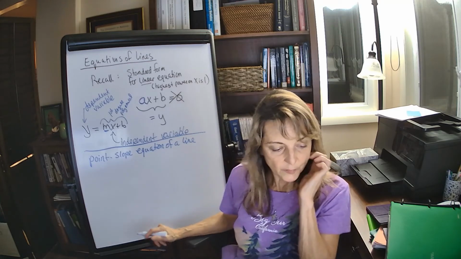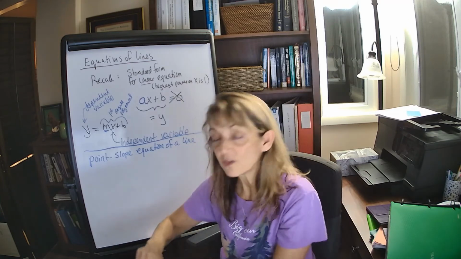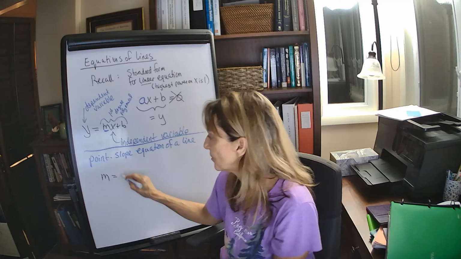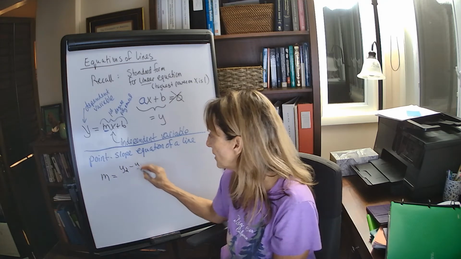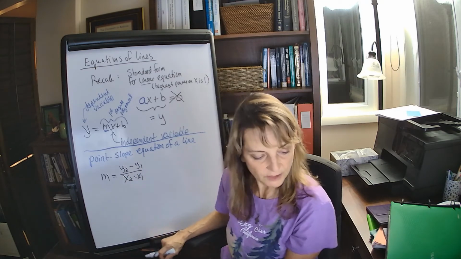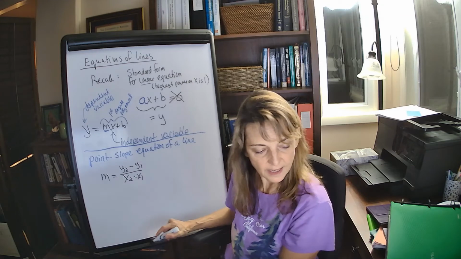Okay, so to do that, let's just start out with the formula for a slope that we figured out. We figured out that the slope is y2 minus y1 over x2 minus x1. And we talked about how that all made sense.